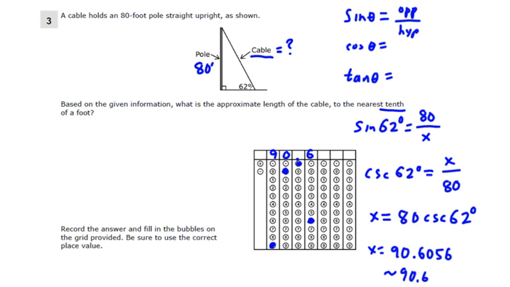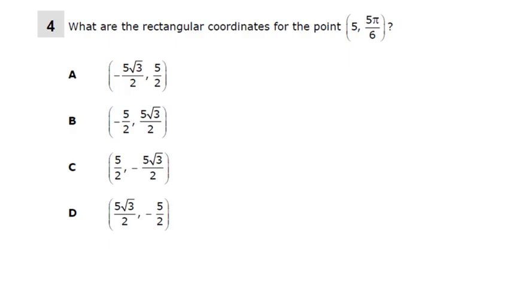Next, what are rectangular coordinates for the point 5, 5 pi over 6? Well, for this, x equals r cosine theta, y equals r sine theta. And I will solve. Our cosine is x and our sine is y.